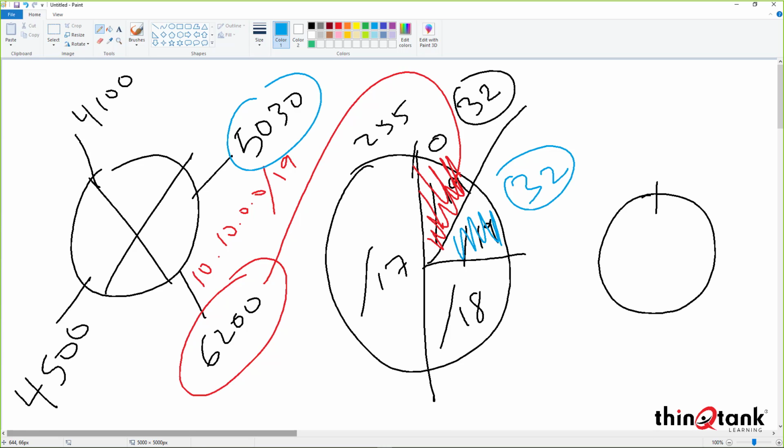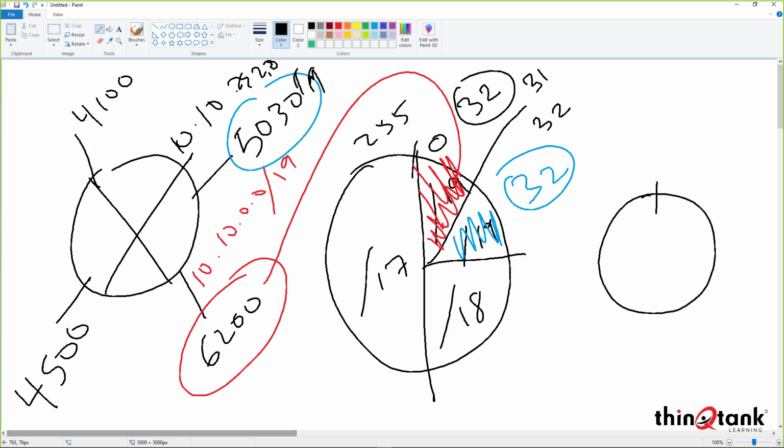If this is a block of 32, that means it ends at 31, and this one starts at 32. So this would be network 10.10.32.0/19. Getting a little hard to write here. You get the idea.